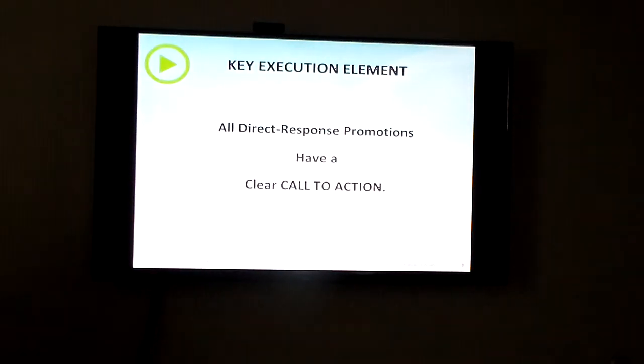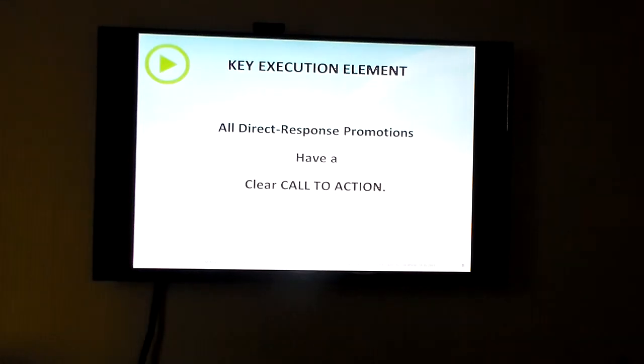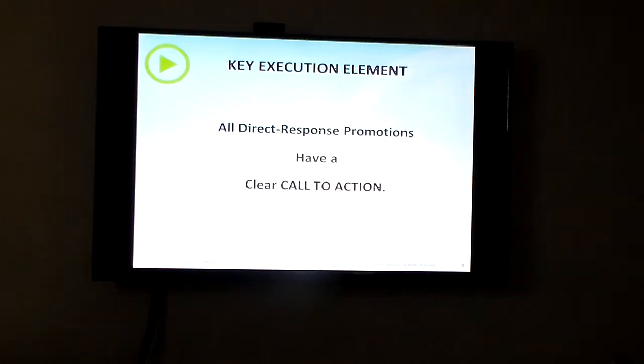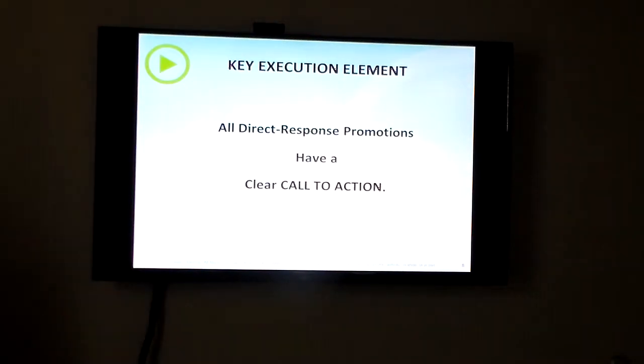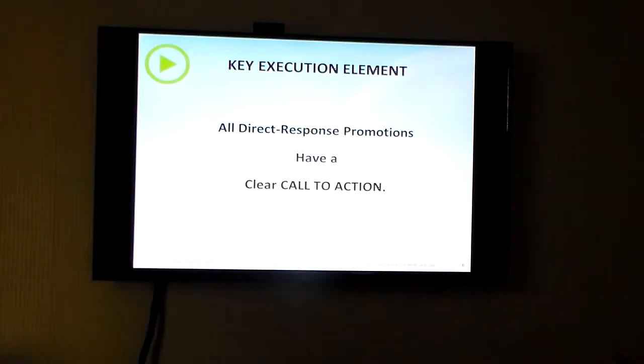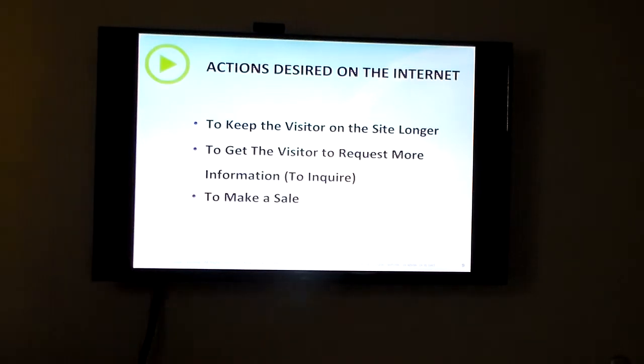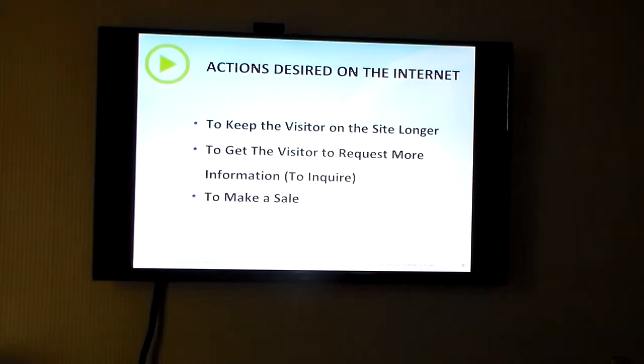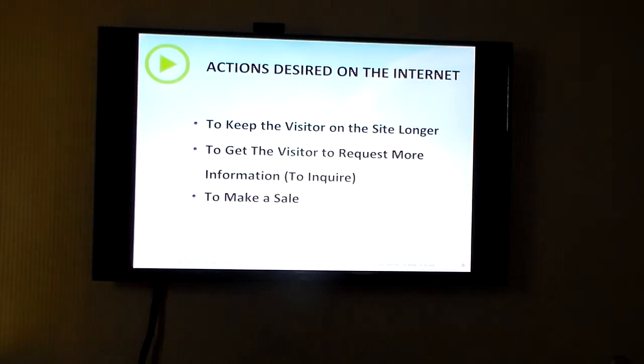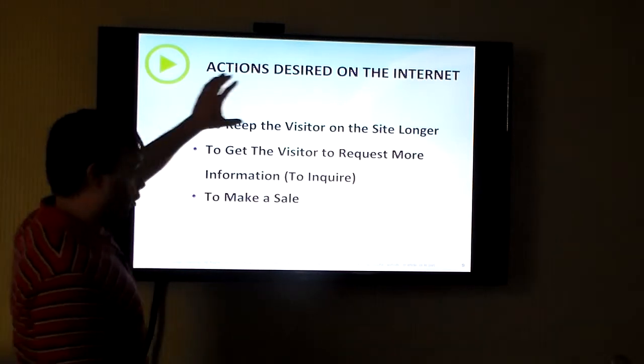So if it is a direct response, there is a call to action involved in it. That means there's a definite plan and a definite vision that they're trying to carry out, and that's the goal of the call to action plan. So what do you really want people to do when they're using the internet? Well, you want to get them on the site longer.